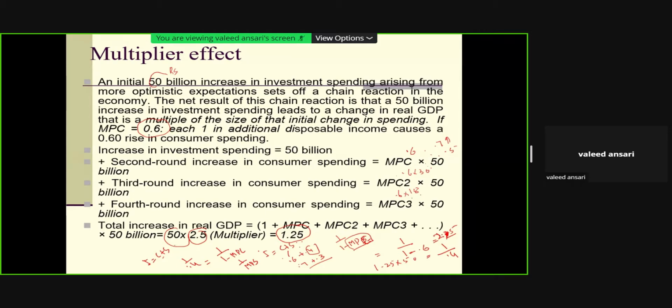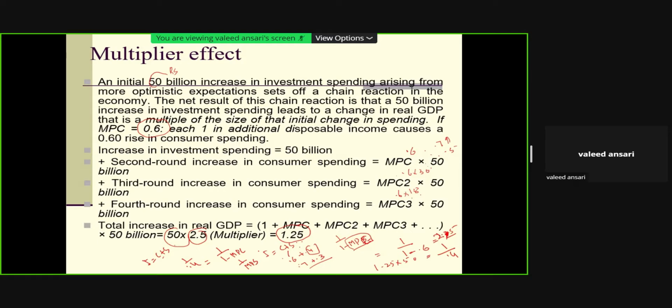What I am pointing out is that in order to manage the economy, in a counter-cyclical situation, where there is recession and the government wants to cure the economy or increase the GDP, the government can increase expenditure.